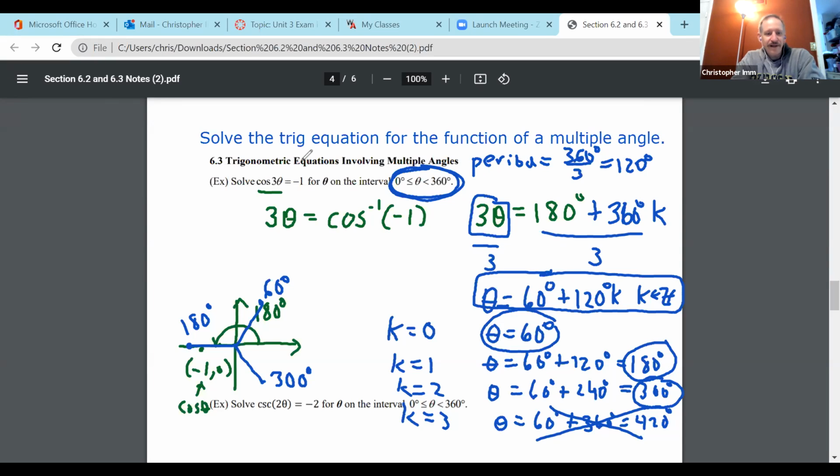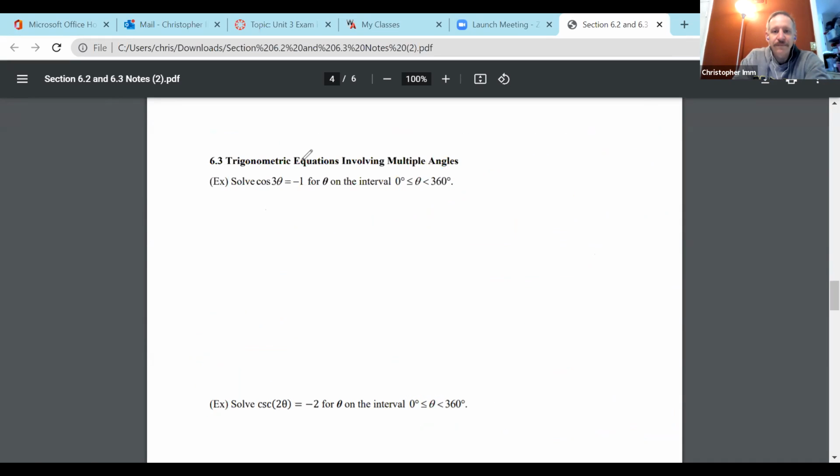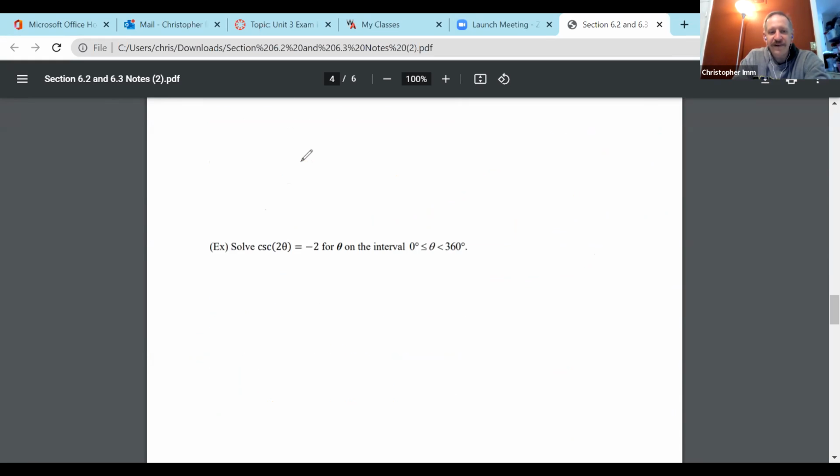So let's try another one here. And this one, you know, it's already solved for a trig function, but it's solved for cosecant. So we have cosecant of a double angle. Now, if we know a lot about cosecant, we could work with cosecant directly, but we probably want to use the idea of the reciprocal function, right?